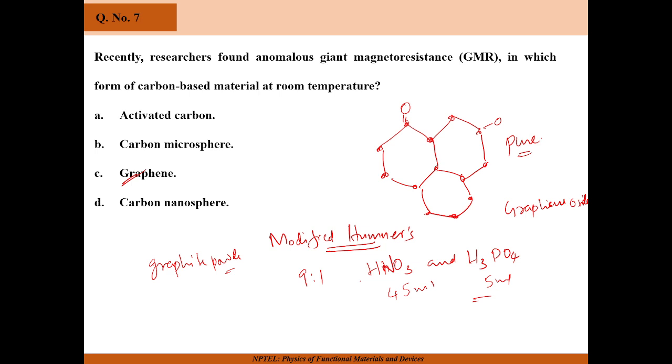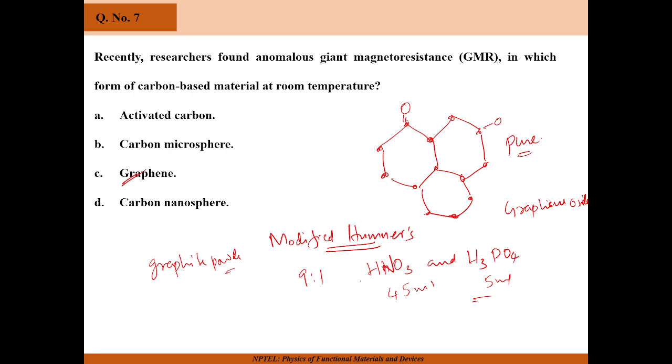For that, you take this graphene oxide powder, keep it in an argon atmosphere, and heat it at around 500 degrees Celsius for say 10 minutes. 10 minutes is more than enough, and then you can see that most of the functionalization will be removed, and you will get almost pure graphene.